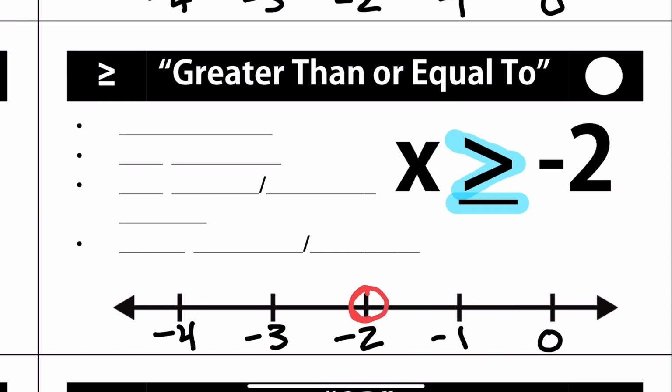This one's also going to be filled in, and once again, that's because of that or equal to line beneath our sign here. This is going to be greater than or equal to, so I need to go in the greater direction. That's the same direction that our inequality is pointing, so this way. We're just going to bold it up, fill it in so that we can show which direction we are going in for our solutions. x is greater than or equal to -2. That is what our graph and our statement is telling us right now.